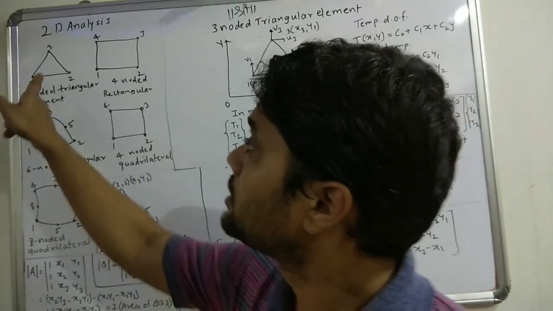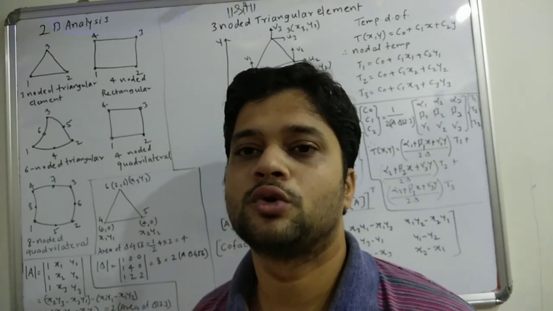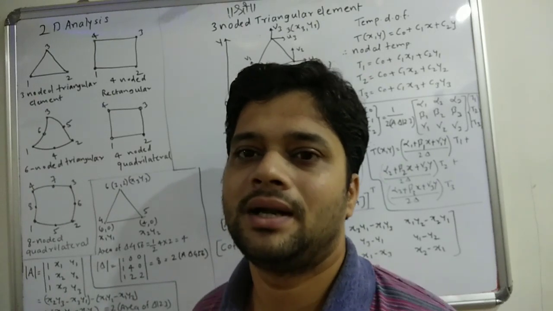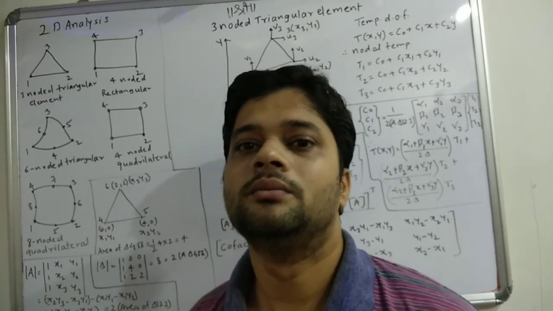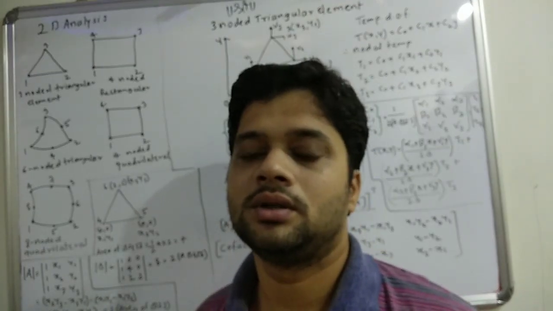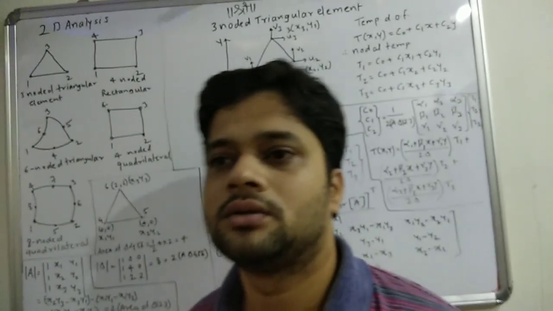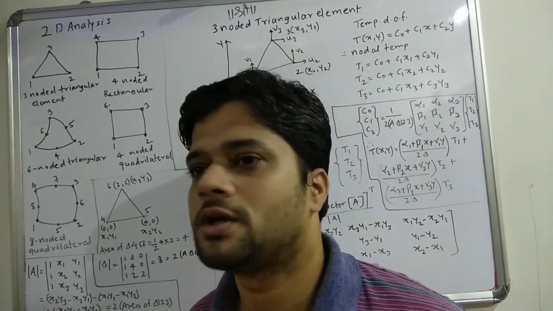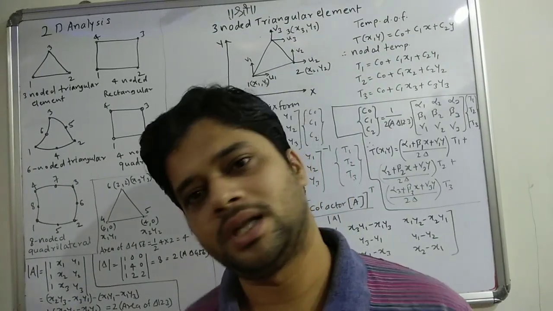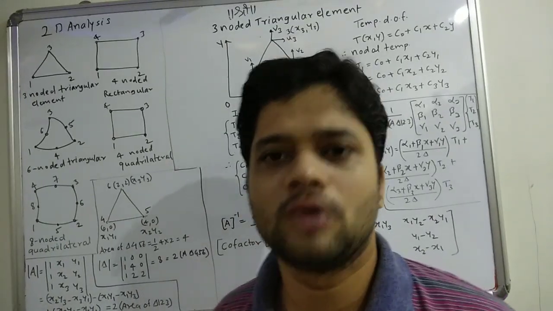So the first two types, the three-noded triangular element and the four-noded rectangular element, will retain their shapes, that is triangle and rectangle, when we mesh the geometry. Whether it is a triangular geometry, a rectangular geometry, or any other shape, a triangle will always try to fit in most geometries and give us a good quality mesh.